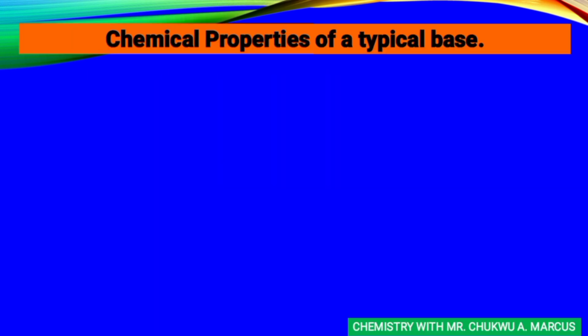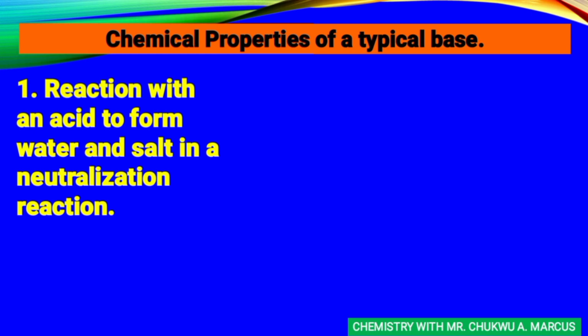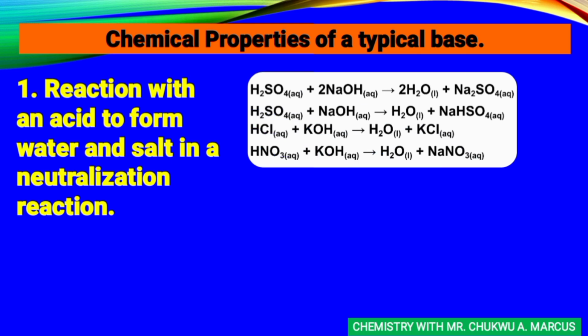Chemical properties of a typical base. Reaction with an acid to form water and salt in what we call a neutralization reaction. These are examples of that, where tetraoxosulfate 6 acid reacted with sodium hydroxide to give us water and sodium tetraoxosulfate 6. Although we have this reaction in 2 places where it will give us an acidic salt.